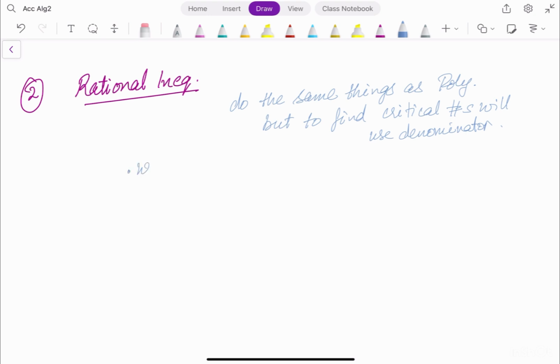The other thing that we need to keep in mind is to write inequality in the standard form with the rational expression on the left hand side and 0 on the right. If you follow this, it will be easier for you to solve the equation.